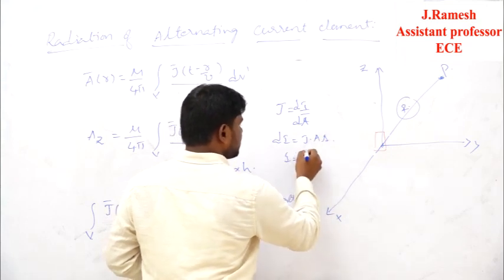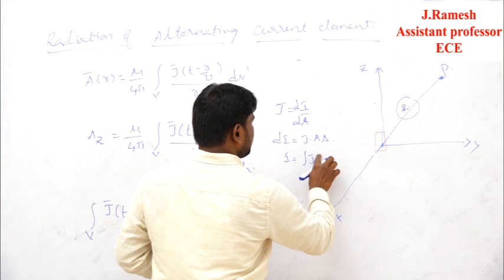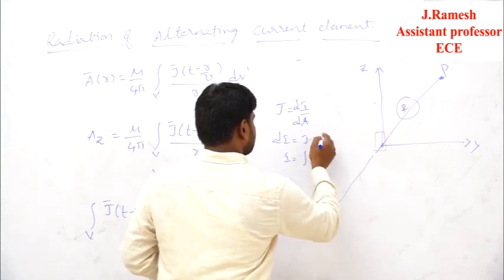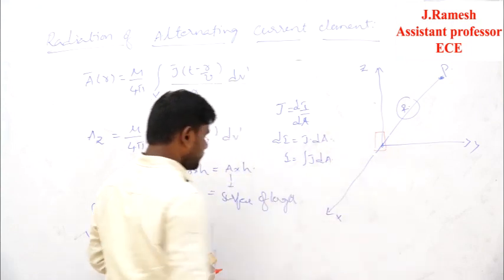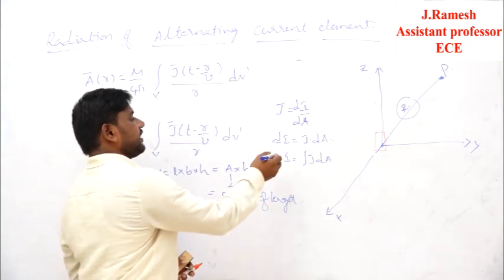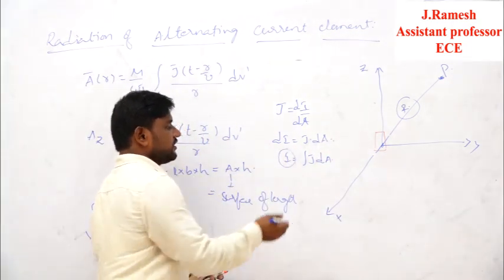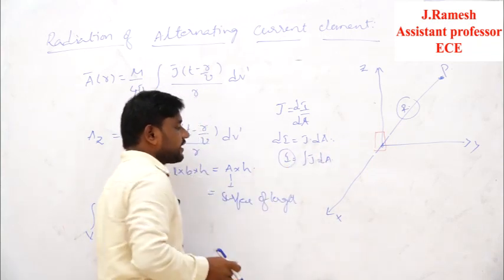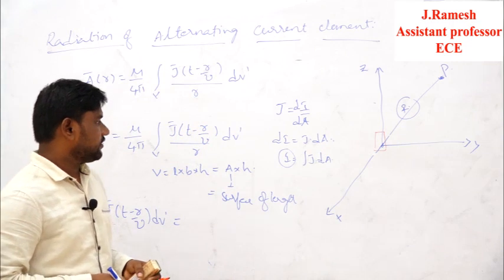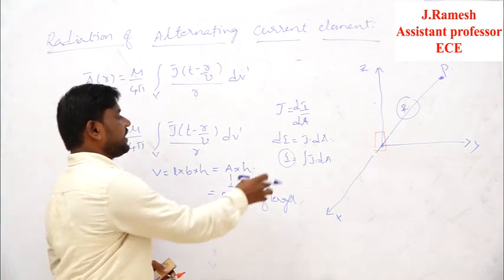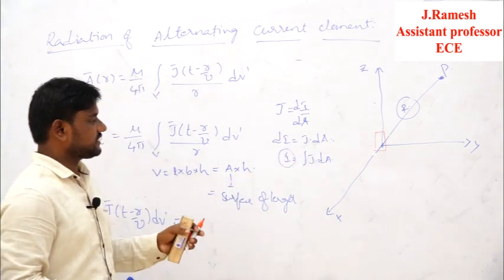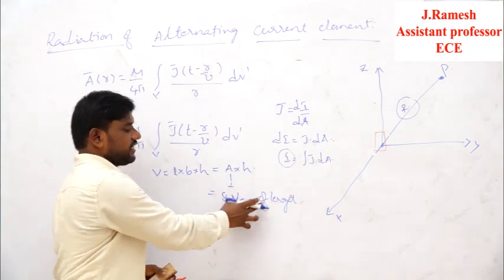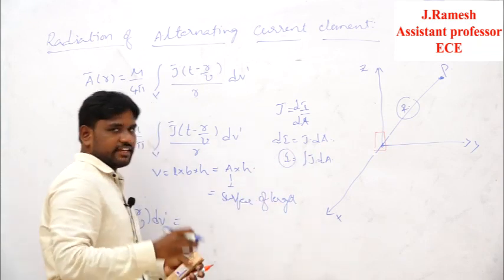You can say that it is an integral of J into dA. So the entire current is equal to the surface integral, that means area integral, of the current density. So that's why I can simply name this as exactly equal to the current. That means the surface integral now ideally becomes current.